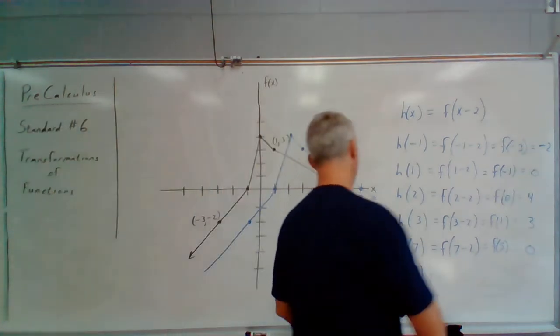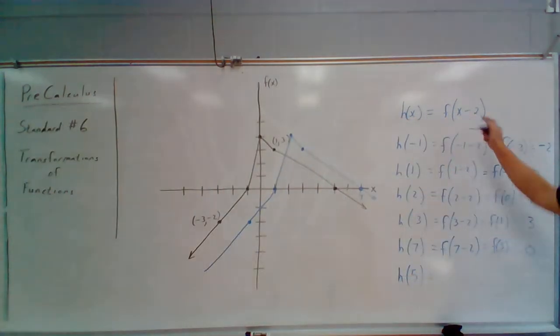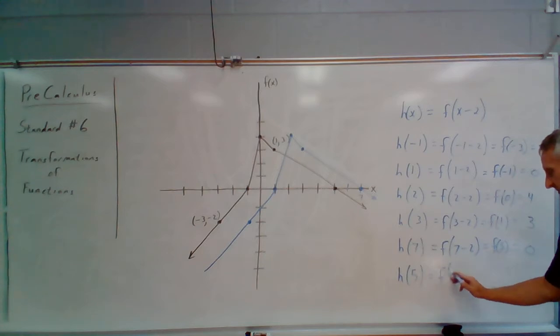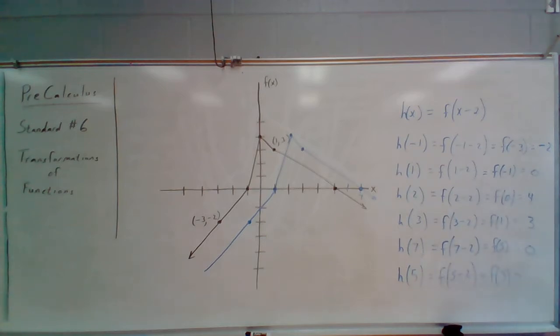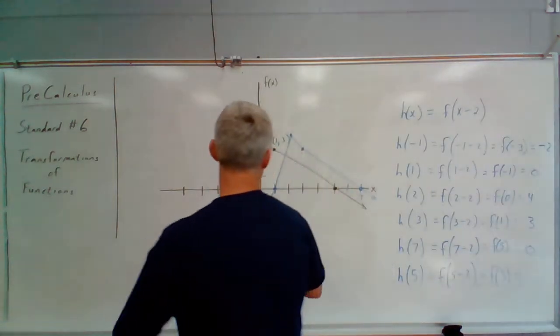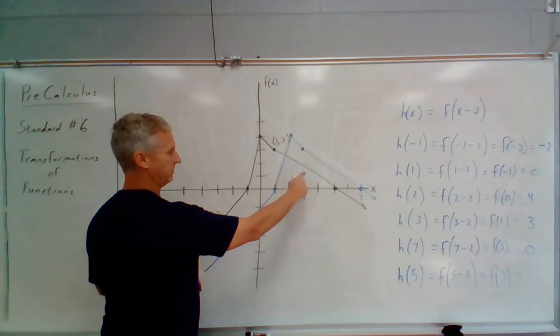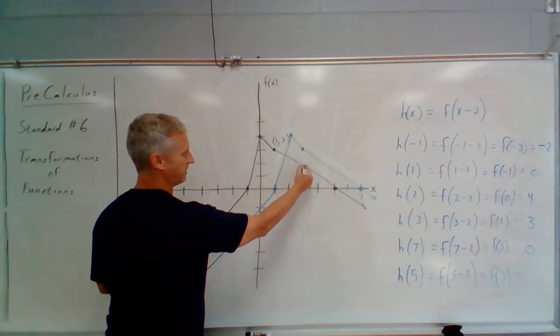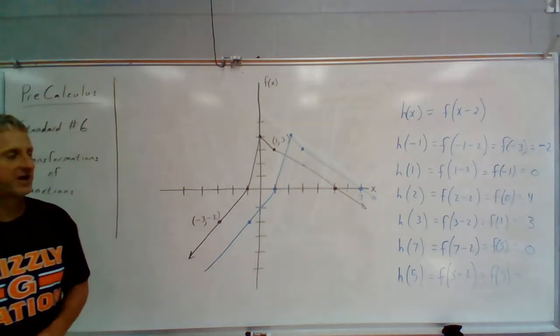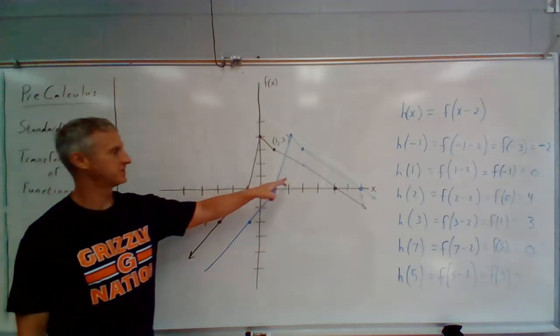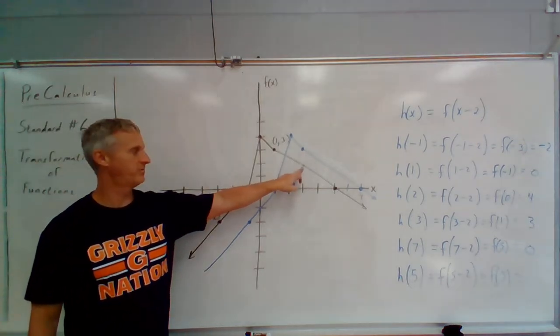All right, let's ask one more question here. H of 5. So I plug in a 5, I get f of 5 minus 2 is f of 3. Okay. So I'm going to look at the black graph. F of 3 should be this point right here. But I don't have that label. I don't have an equation, so I don't know for sure exactly what that point is.